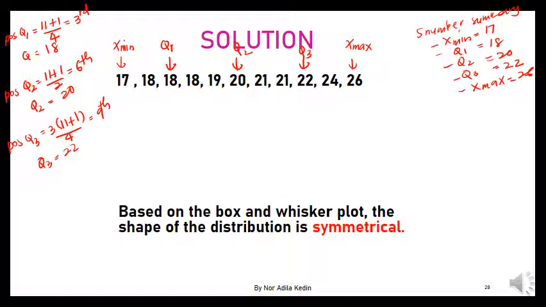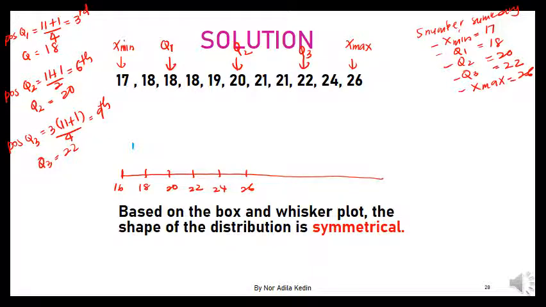You buat satu scale. The smallest is 17, the biggest is 26. So draw a proper scale. Saya start with 16, 18, 20, 22, 24, 26. Tandakan your minimum. Minimum lebih kurang dekat sini, 17.